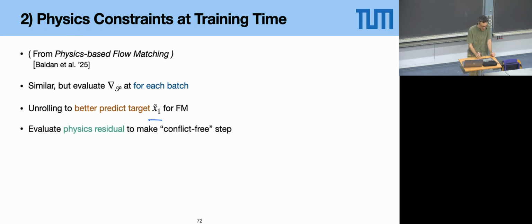Now, what turned out to be more important is, if you do this at training time, you basically get two different directions. You get one direction for your flow matching loss, to try to learn the velocity, and then you get another direction for this physics constraint, in a way similar to the two directions you're following at inference time in the previous approach. So these can actually be in conflict. They might drive your network towards different directions. And what helped here is to use a special optimizer in a way.